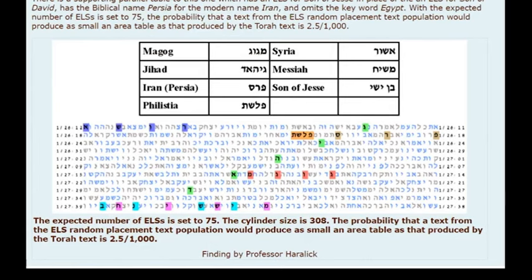So here we have, interesting, a supporting parallel table to this one, which has an ELS for son of Jesse in place of an ELS for son of David, uses the biblical name Persia for the modern name Iran, and omits the key word Egypt, with the expected number of years set to 75.